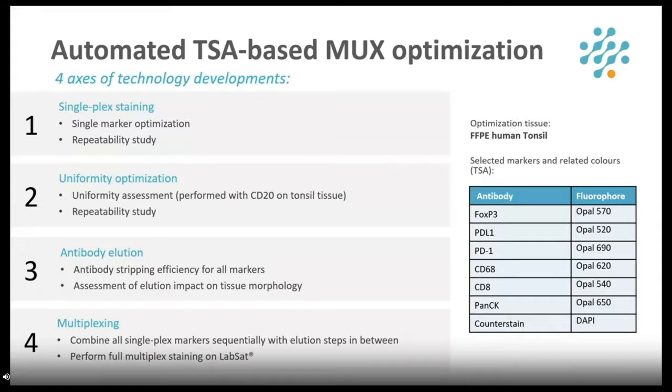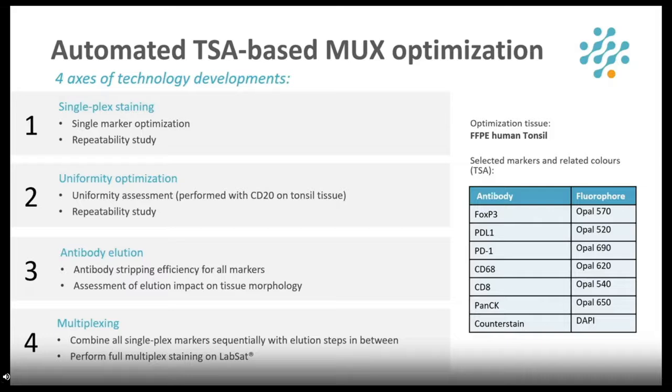The assay development process was organized around 4 main axes. The first one, the single-plex optimization for each marker, with the objective to reach good and repeatable performance for every marker individually. The second axis is the uniformity optimization, with the aim to obtain homogeneous signal levels over the tissue, even over large sections.